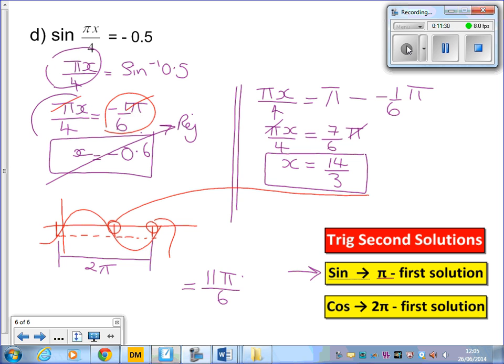So I need to use this here. Pi x over 4 equals 11 pi over 6. Cancelling out the pi's gives me x equals 22 over 3. So a little bit tricky, that last part.